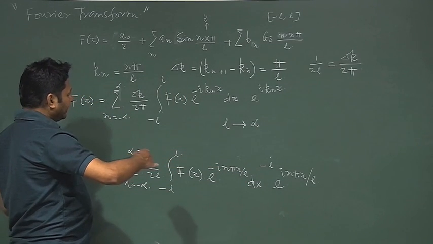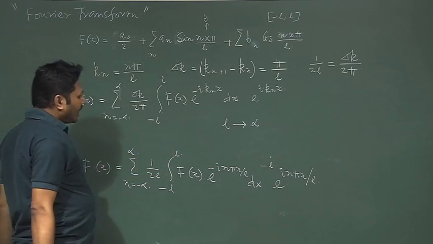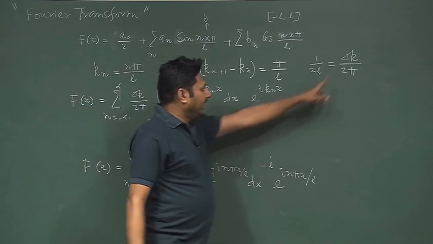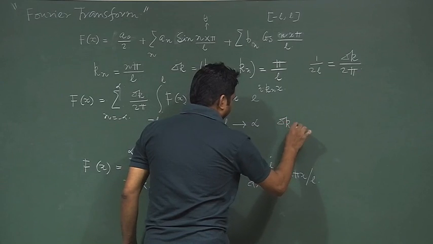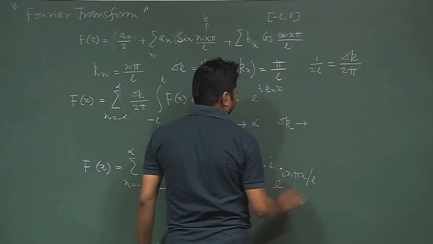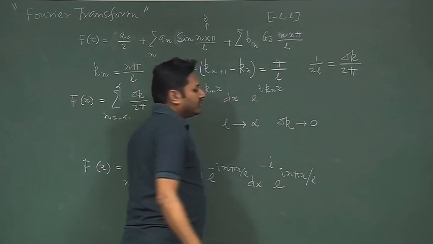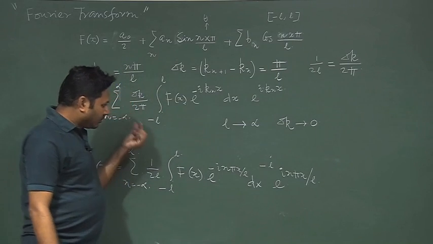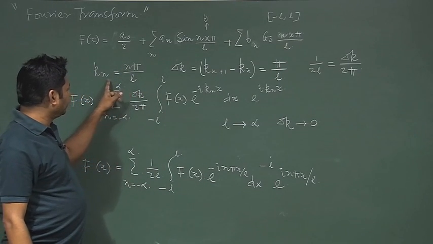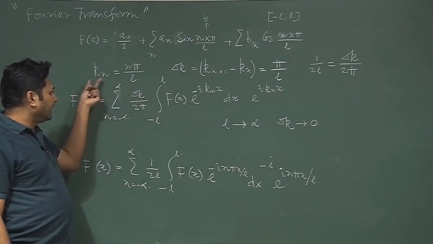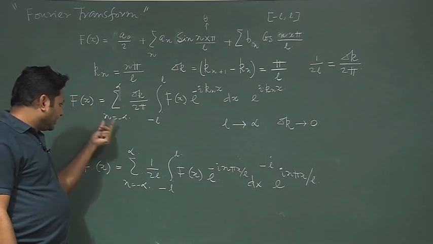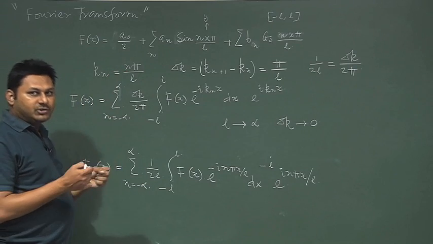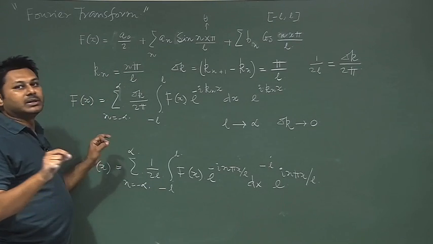When I extend L tends to infinity, my delta k tends to 0. From this relation, as L tends to infinity, delta k tends to 0, and as a result this discrete n gradually becomes a continuous limit.